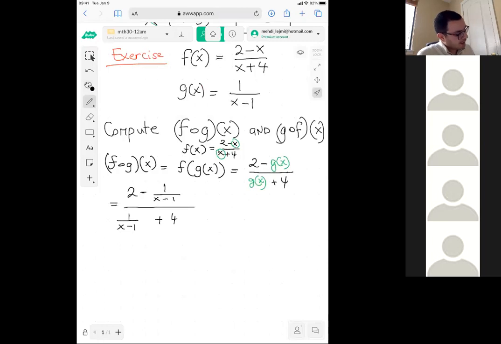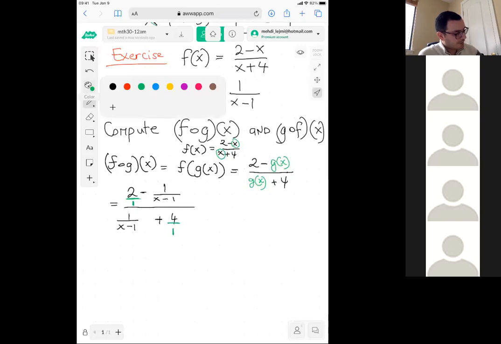Again, it's a good idea to make this whole number 2 a fraction. So I'm going to divide by 1, and the same for this 4, divided by 1. Now everything looks like a fraction, so I can do subtraction. In the top I have 2 over 1 minus 1 over x minus 1.